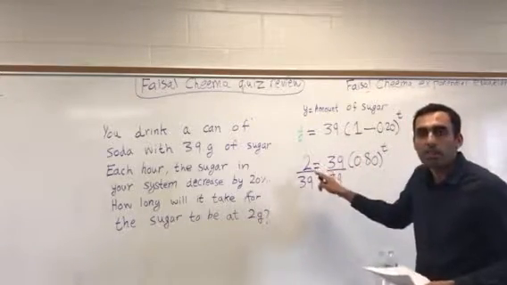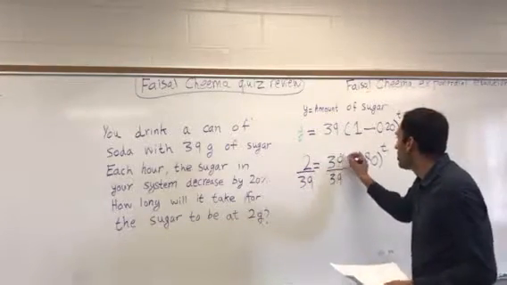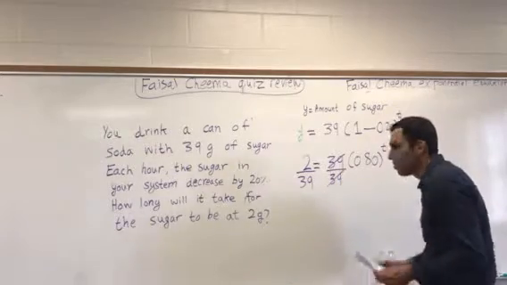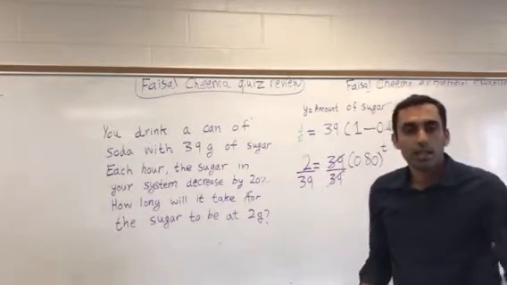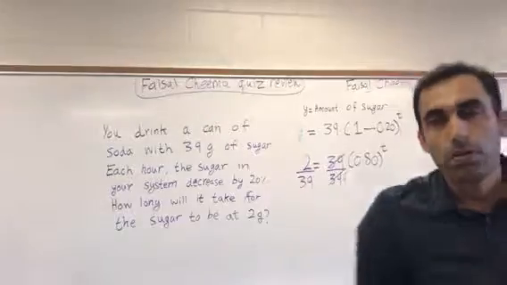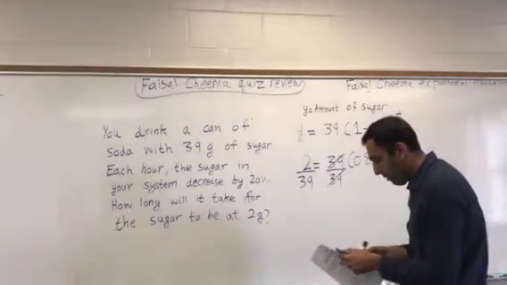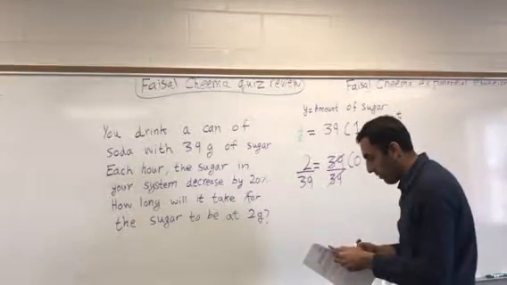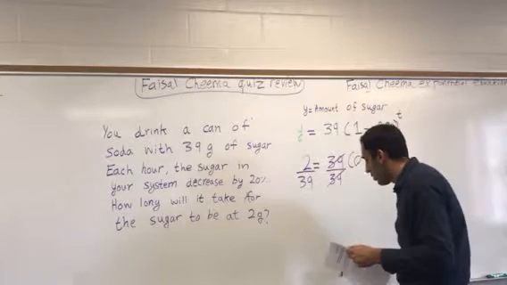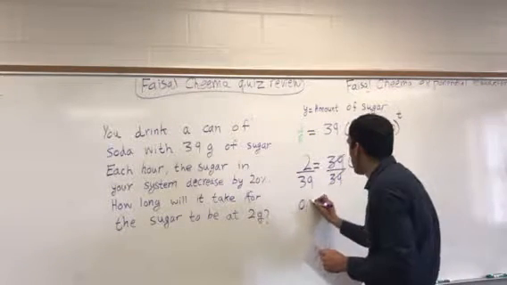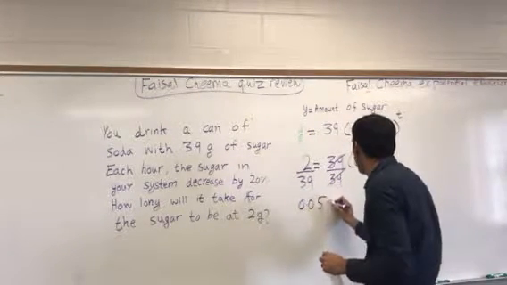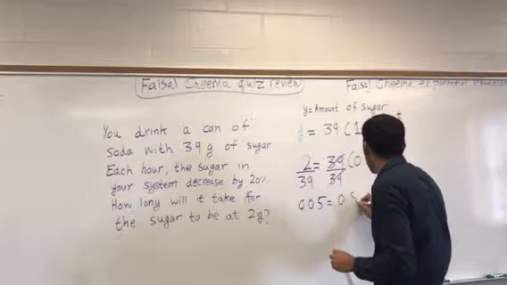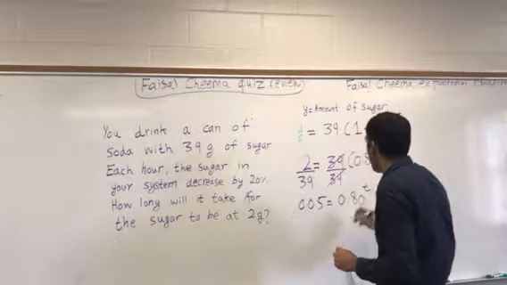Divide both sides by 39 and then move forward. This cancels out, and what's 2 divided by 39? That will give you 0.05 equals 0.8 to the power of t.